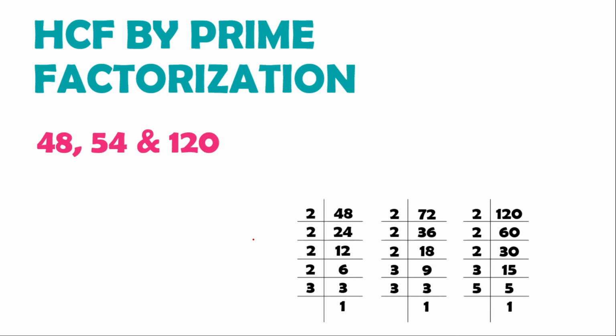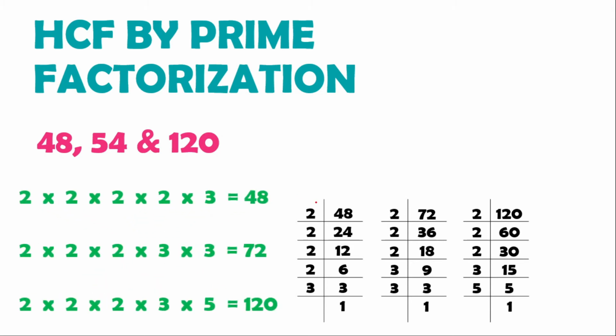Finding the HCF of these numbers by prime factorization, we have to prime factorize every number which we have selected. I have selected 48, 54 and 120. After we have done prime factorization of the numbers, let us take the answers. The prime numbers in the prime factorization of 48 are 2, 2, 2, 2 and 3.